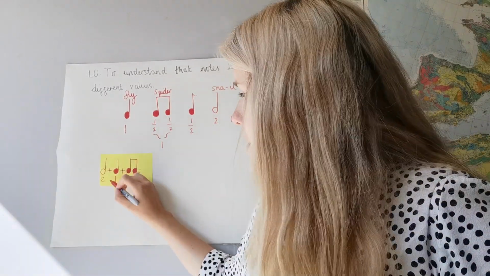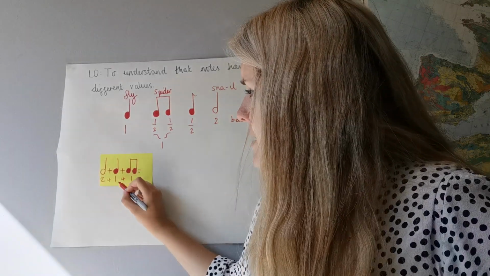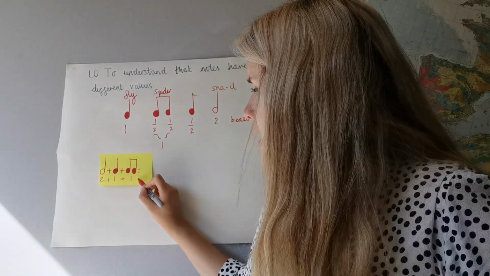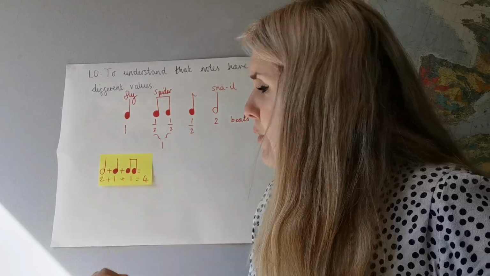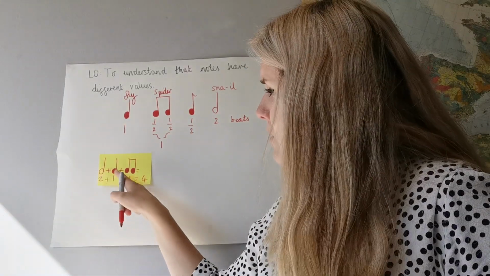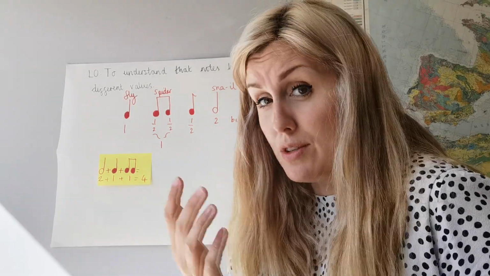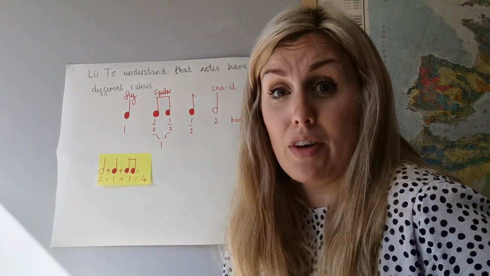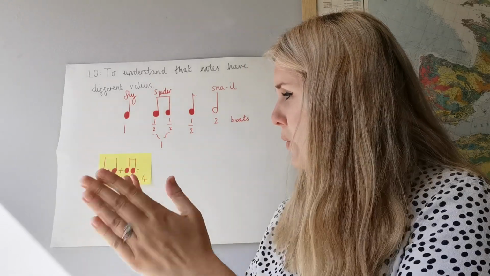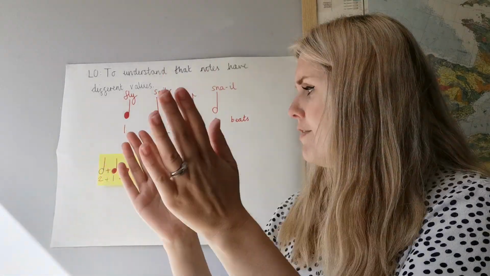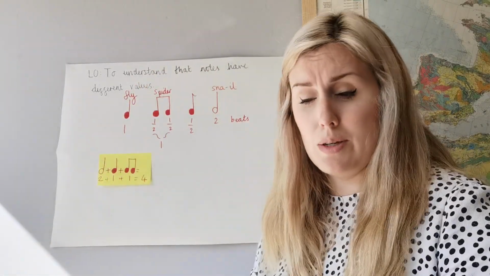So all I'm going to do now is add up these numbers. 2 add 1, add 1, which is 4. So snail, fly and spider equals 4 beats. Once you've had a go at doing the musical sum, you could then have a go at clapping it. So I'll clap it for you. Snail, fly, spider. That's how you do it.